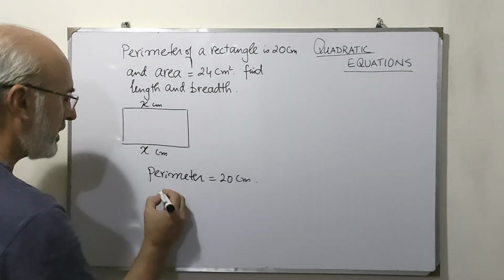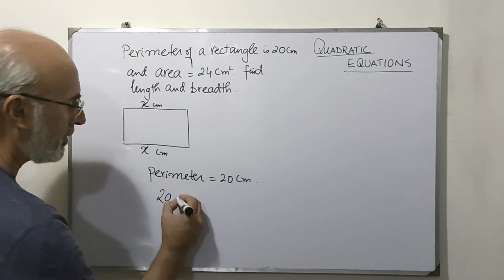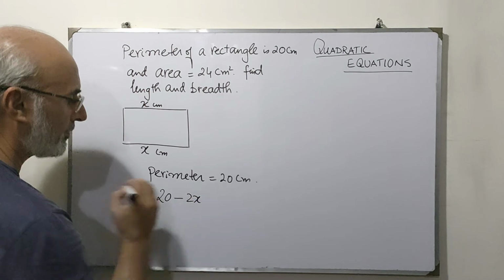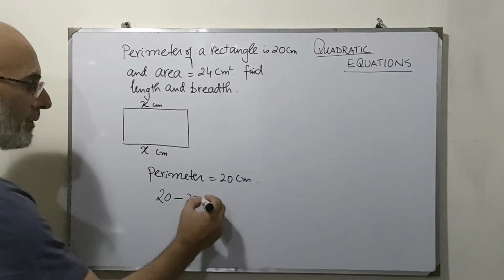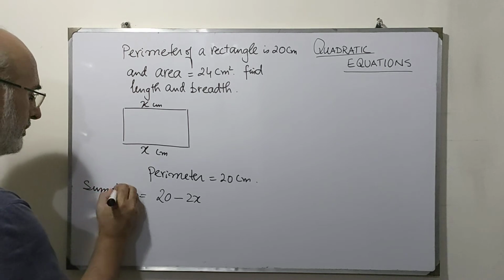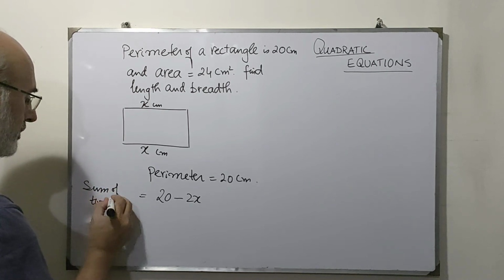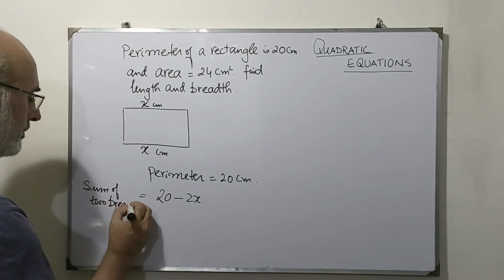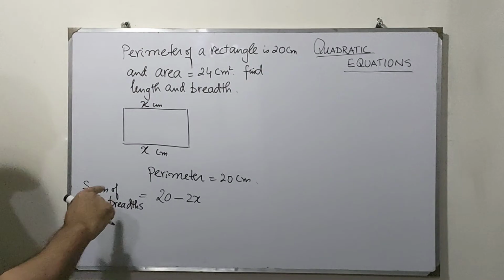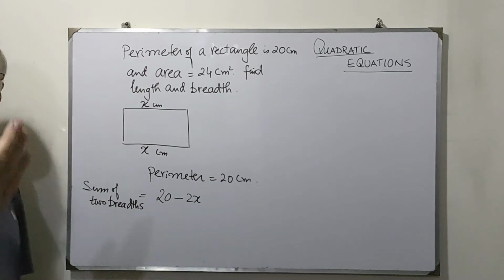So 20 minus x plus x, which is 2x, is the sum of two breadths. Okay? This was the total sum of all sides.